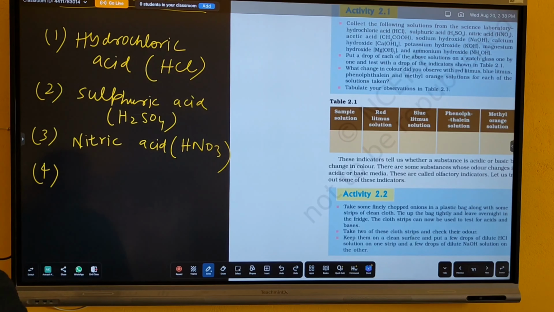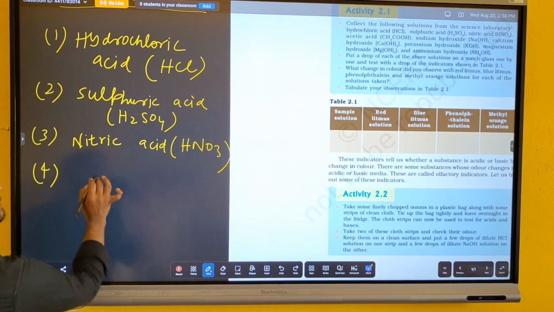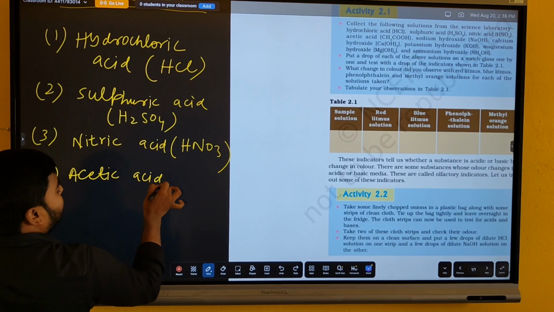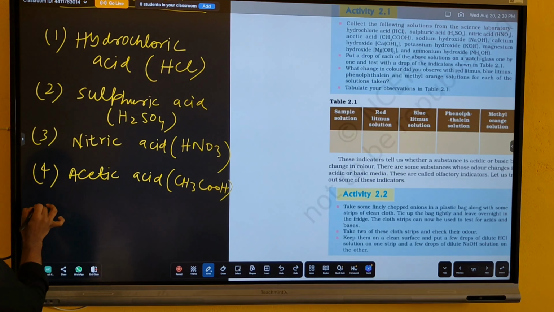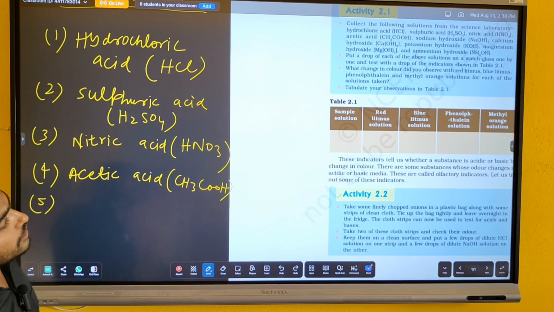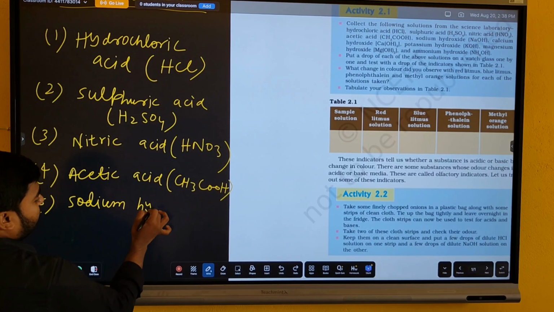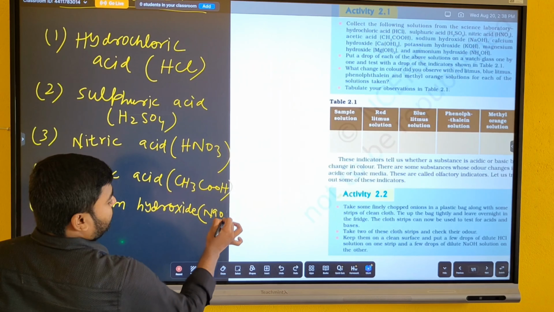Fourth, and these four are acids, we have acetic acid, and that is CH3COOH. Fifth, you have sodium hydroxide, and that is NaOH.